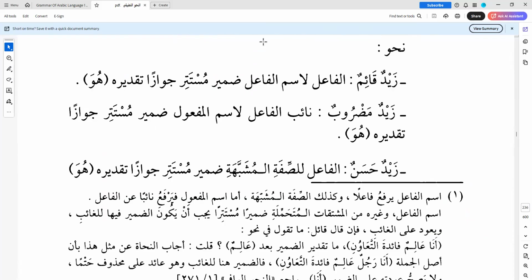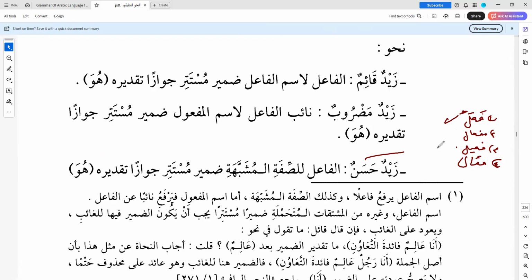So let's look at another example. زيد حسن. This is صفة المشبهة. حسن, فعل. صفة المشبهة. So this is one of the forms. I gave مفعال, and then I also talk about فعيل, and then I also talk about فعال.